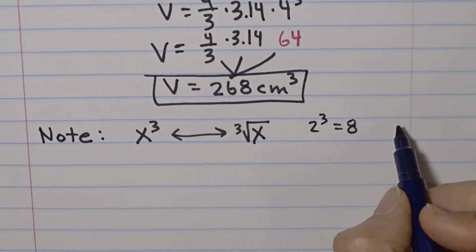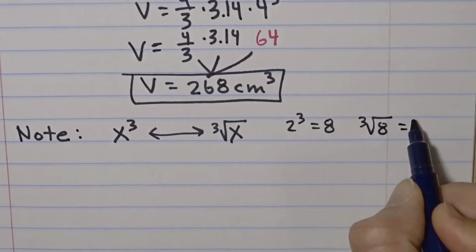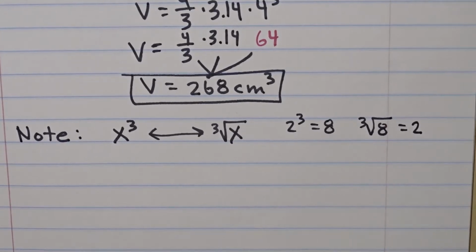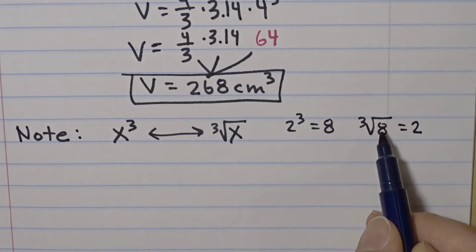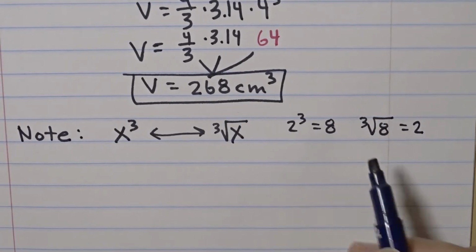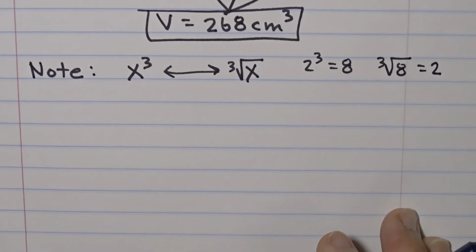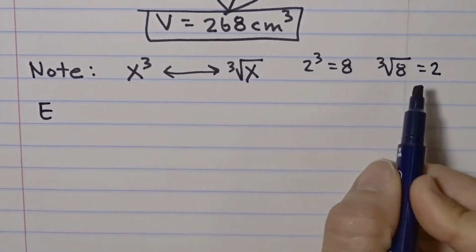And if I have the cube root of 8, that's 2. So that's how cube roots work. What number to the 3rd power gave me 8? 2. 2 to the 3rd power is 8. So just keep that in mind because we're going to need that in the next example. Not these specific numbers, but that concept.